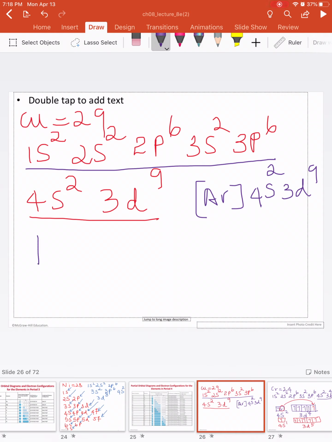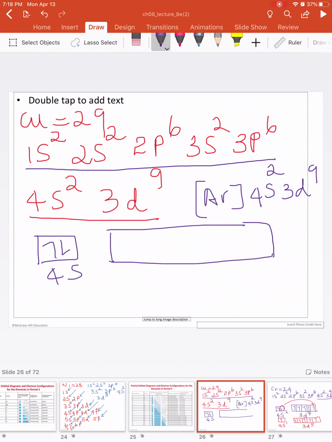We have 4s2. And for the d orbital, remember you can have 5 d orbitals, 1, 2, 3, 4, 5, and 9 electrons. They're going to look like this: 1, 2, 3, 4, 5, 6, 7, 8, 9.